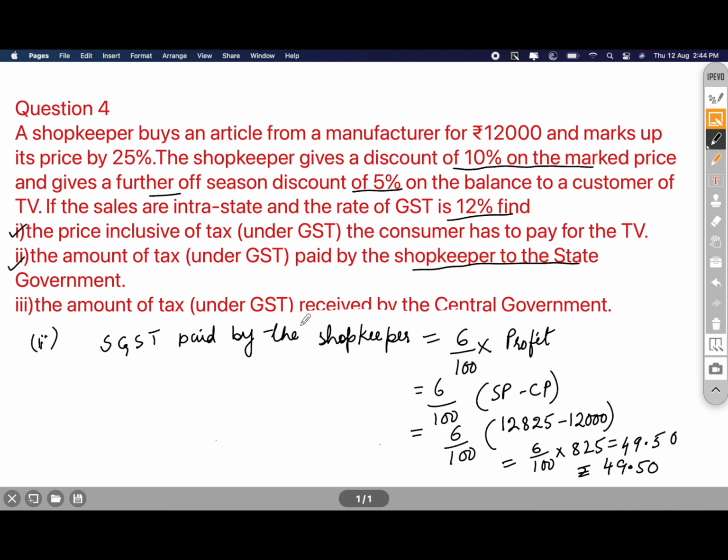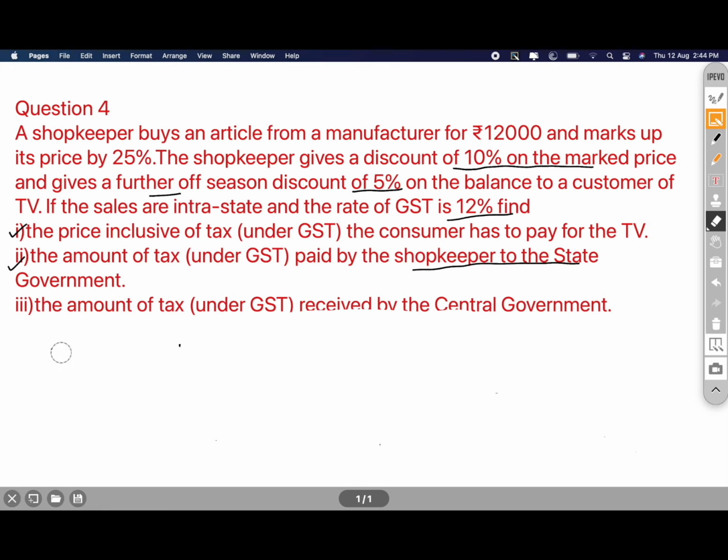So for the tax received by the central government, we need to calculate 6% of the cost price for the consumer.